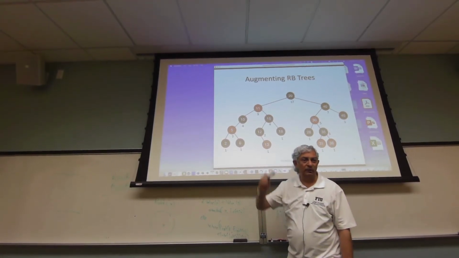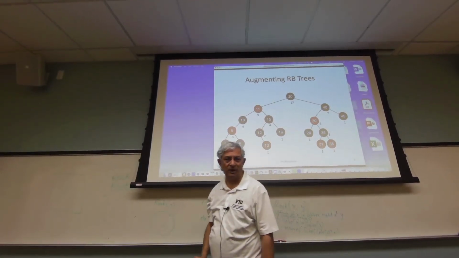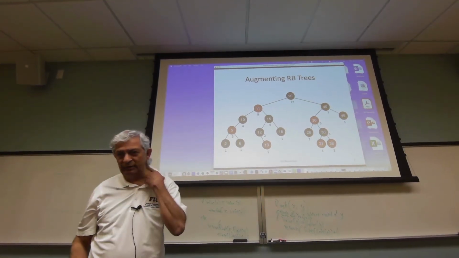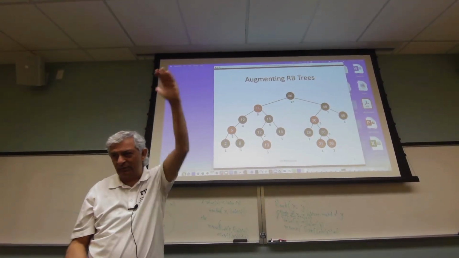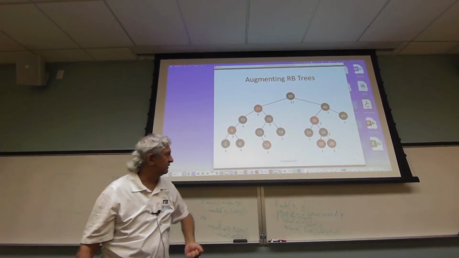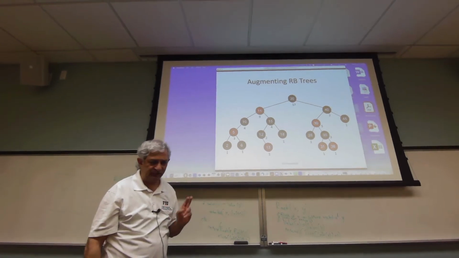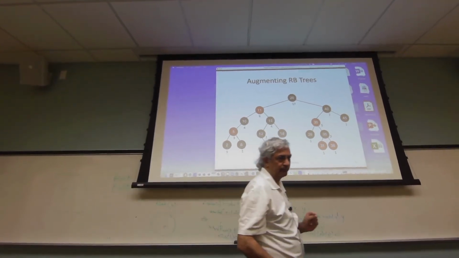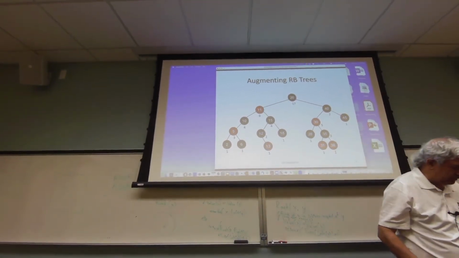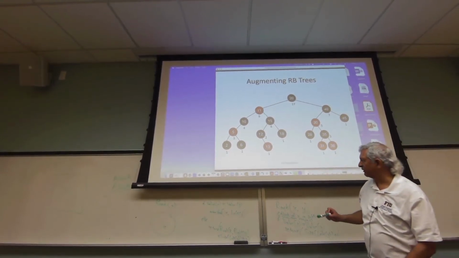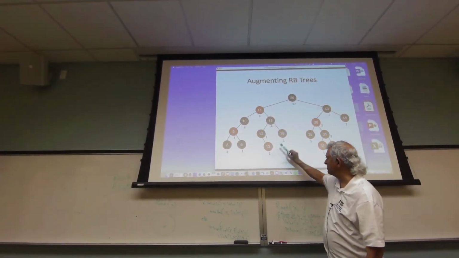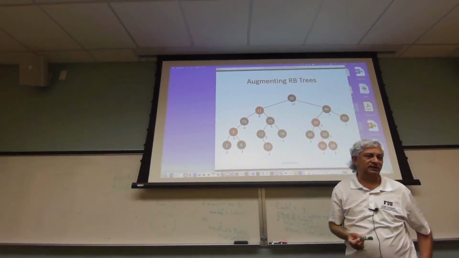Okay, so all we did was to traverse the tree from top to bottom, from root to leaf, and therefore its time complexity is proportional to the height of the tree. So therefore I can do rank and select operation both in log n time. So this is the beauty of the solutions, assuming now that we have this size information.